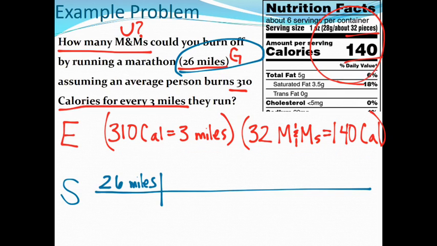So what I need to do here is pay attention to the units that I have on top, because I don't want miles. I want to cancel out miles and eventually get to M&Ms. The way I'm going to cancel out those miles is by putting miles on the bottom of this first conversion factor. As I'm looking at my equations, the only equation that has miles in it is this first one.